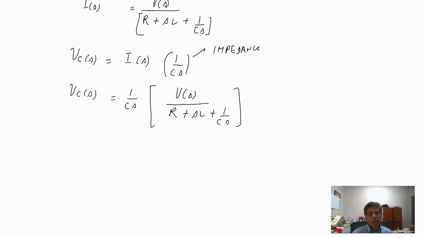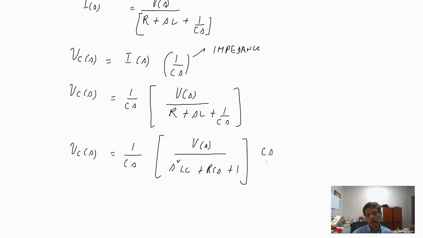But anyways, let's take a look at this now. So V_C(s), a little bit of algebra going on in here. V_C(s) is equal to V_s(s), and if I do this, this will become s squared LC, pretty neat, and this will become RCs plus 1, and of course this Cs can come here.